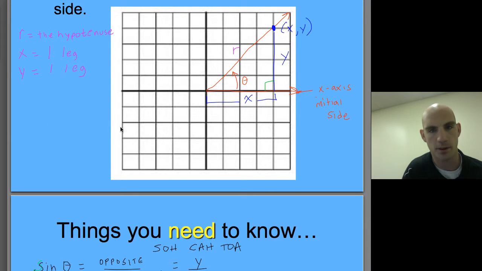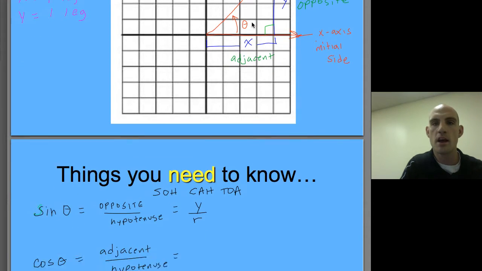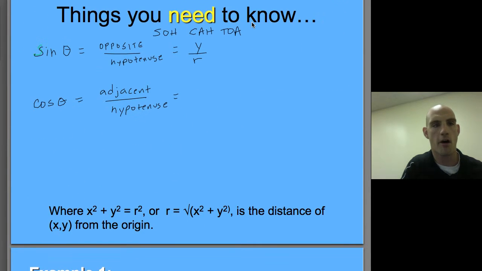And in fact, let me just label that. This is adjacent, this is opposite, and this is hypotenuse. And it's all in reference to theta only. And if we look at the adjacent over the hypotenuse, that's going to be x over r.